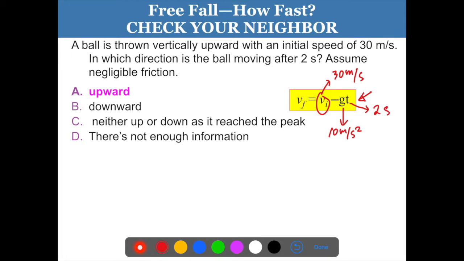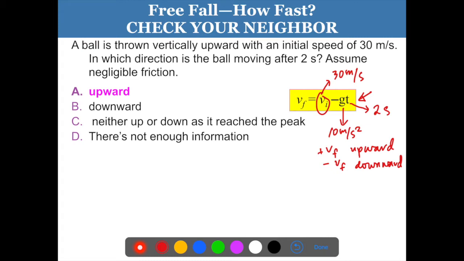Once you know the final velocity, if it's positive, then the object is moving upwards. And if you calculate a negative final velocity, then that tells you that the ball is moving downwards. So you can do that approach, or you can answer this question conceptually.